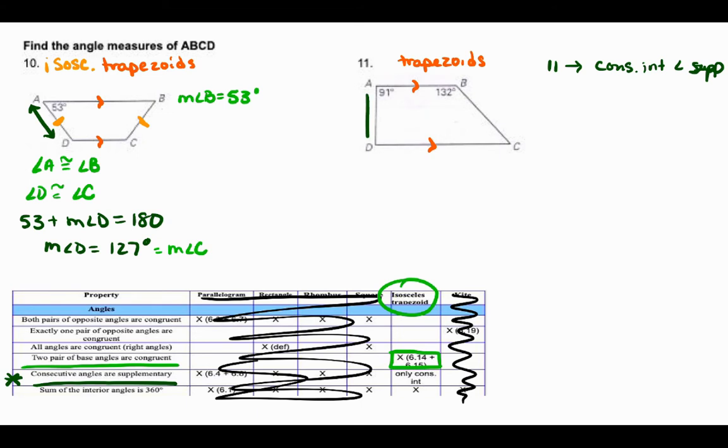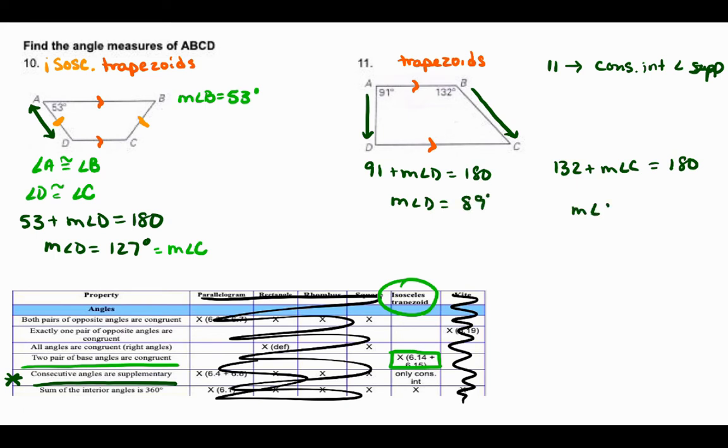So that means we're working with angle A and D, and we're going to work with angle B and C. So the 91 for angle A plus the measure of angle D is going to be 180, and the 132 plus the measure of angle C is going to be 180. So our measure of angle D ends up being 89, and our measure of angle C ends up being 48 degrees.